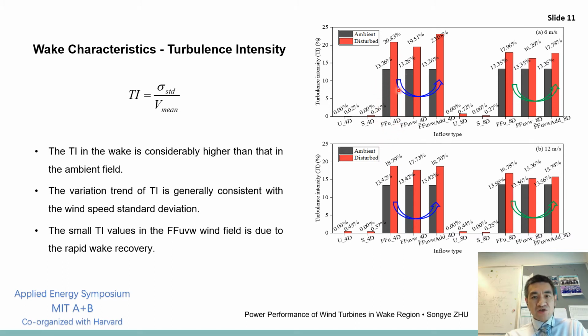The red bar shows the turbulence intensity in the wake region. We can clearly see the turbulence intensity in the wake region is much higher than the ambient turbulence intensity, particularly when we consider the wake meandering effect, consider the wake added turbulence. This has the highest turbulence intensity among all the cases.